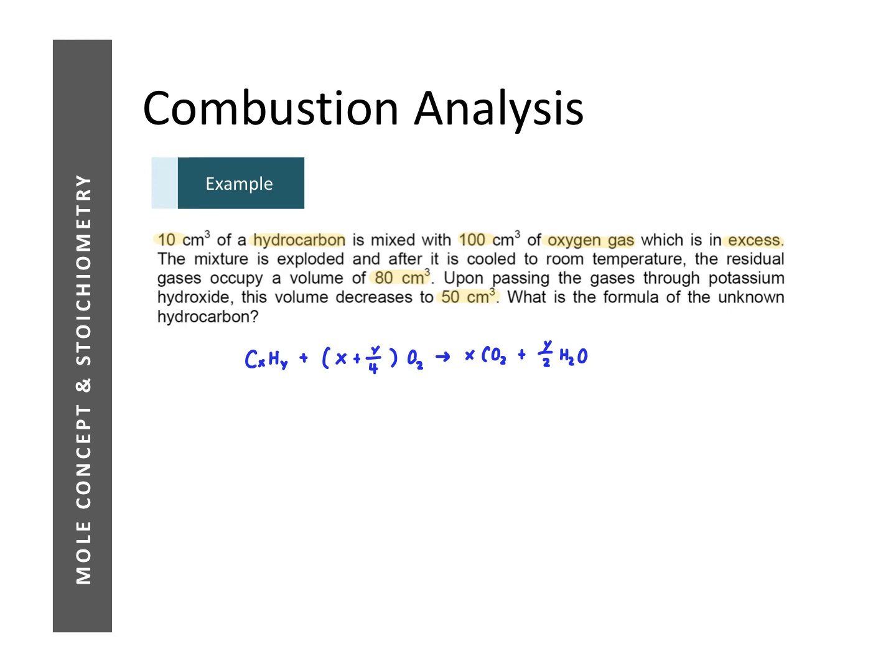So the first thing that you need to ask yourself is, what happens when you pass the residual gases through potassium hydroxide? Before that, maybe you need to think of what the residual gases are. Now, when you burn a hydrocarbon in excess oxygen, the residual gases, upon cooling to room temperature, would be made up of CO2 and your excess oxygen.